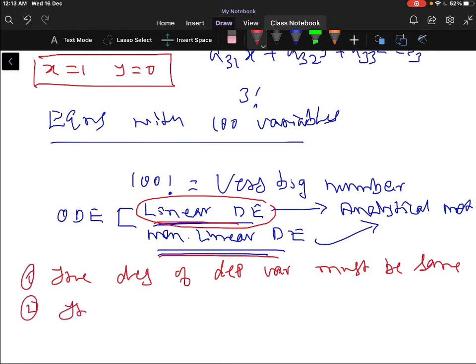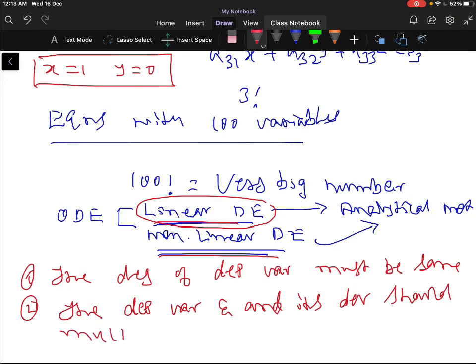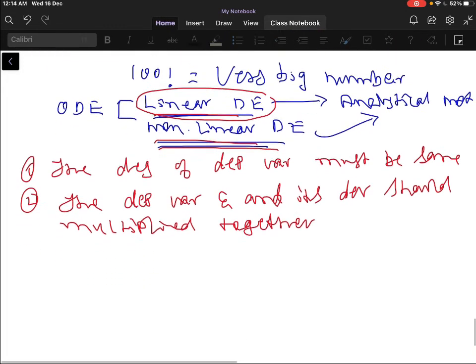Second condition, the dependent variable and its derivative should not be multiplied together. Otherwise, the equation is said to be non-linear differential equation.